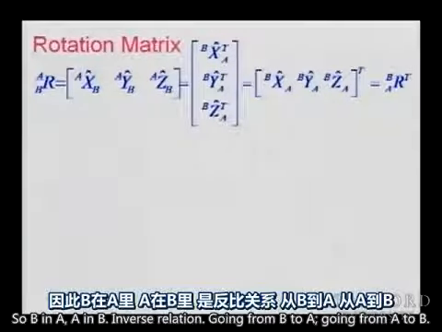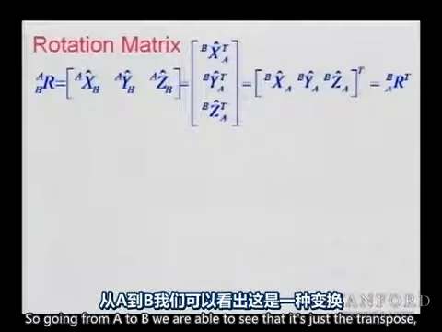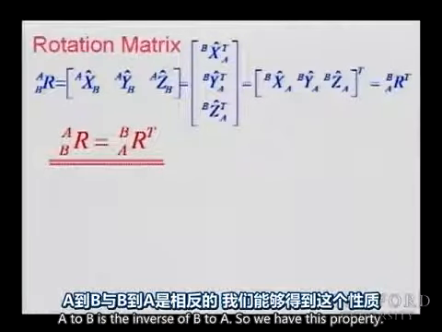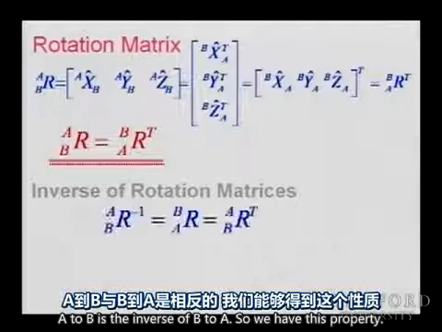So B in A in B. Inverse relation. Going from B to A, going from A to B. So going from A to B, we are able to see that it is just the transpose, which means that the rotation from B to A is equal to the transpose of A to B. A to B is the inverse of B to A. So we have this property.